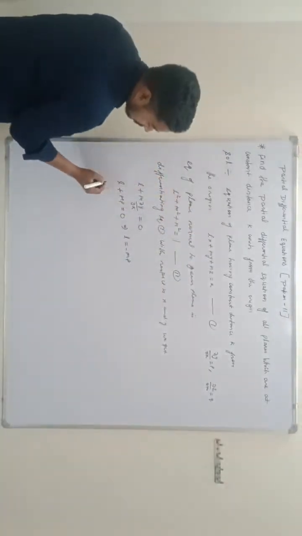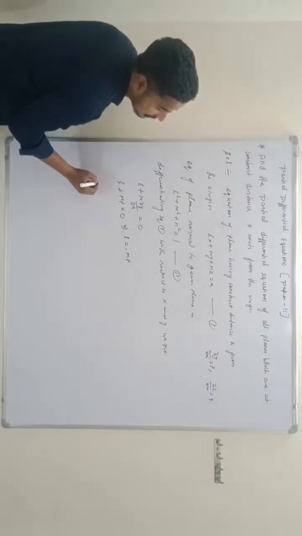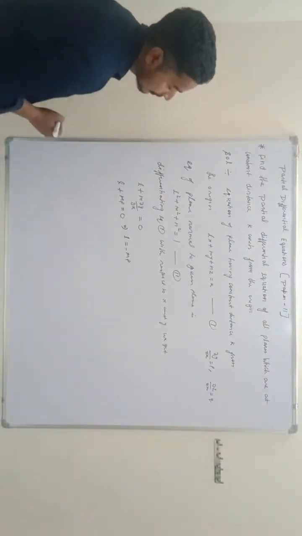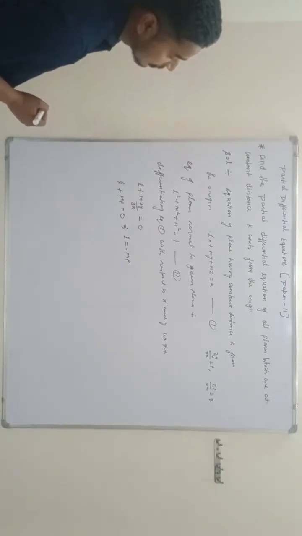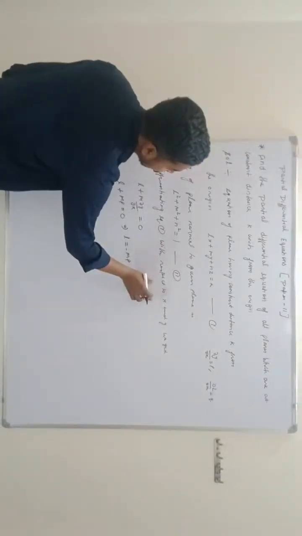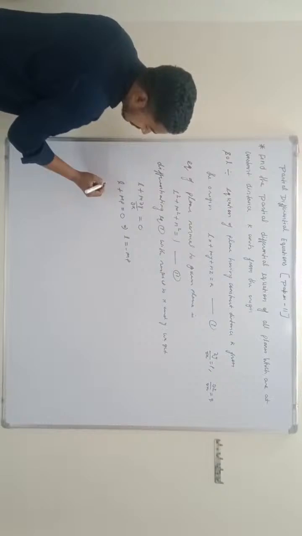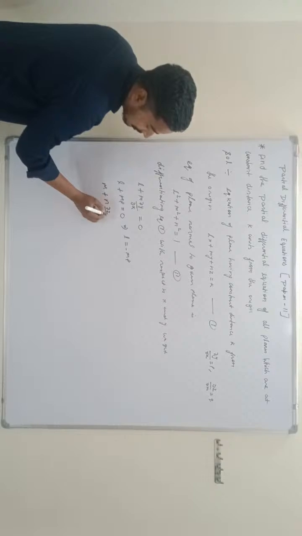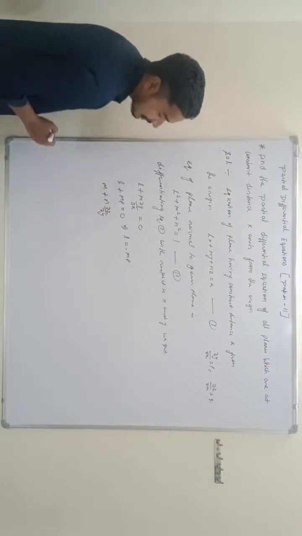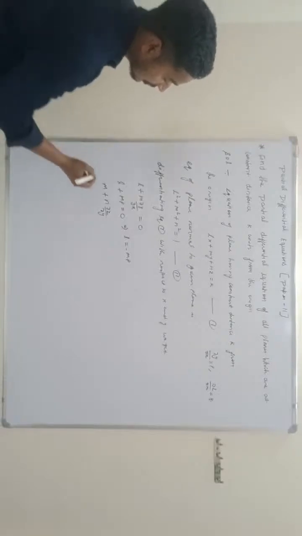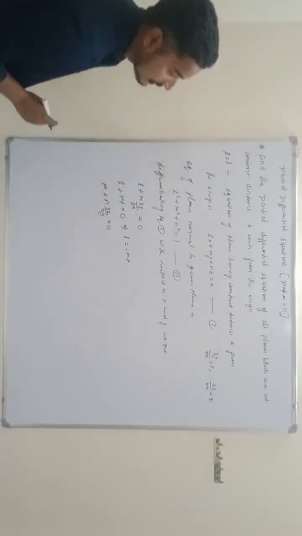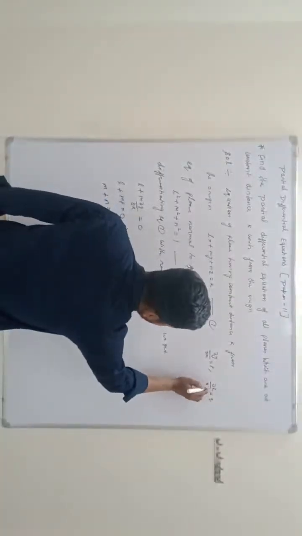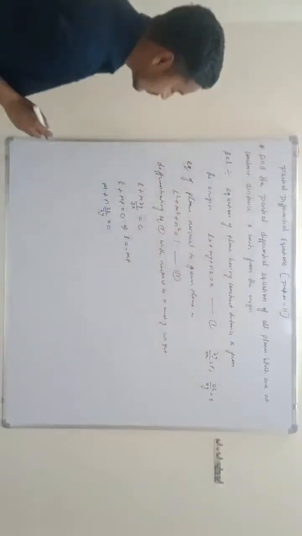Taking x as a constant, this gives M + N ∂z/∂y = 0, and ∂z/∂y is given by q.